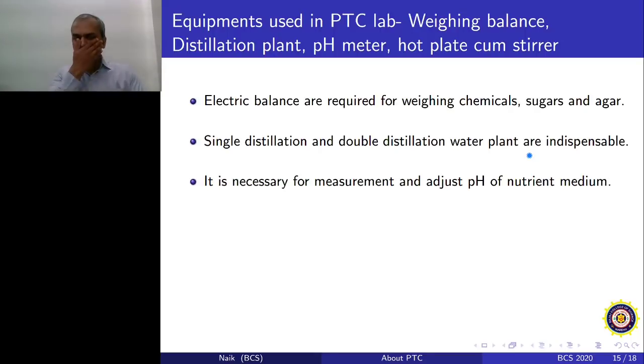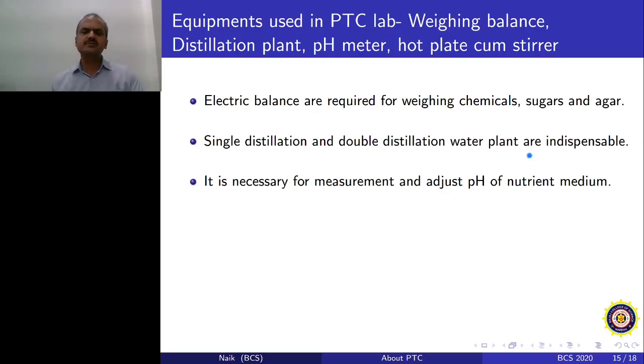Again, into the distilled water you add the macro element stock, micro element stock, iron source stock, vitamin source stock, then you weigh the myo-inositol and dispense it, then you measure sucrose and add it into your solution, and if you have a plant growth regulator, then you add the appropriate volume. After adding all these things, you have to adjust the pH.